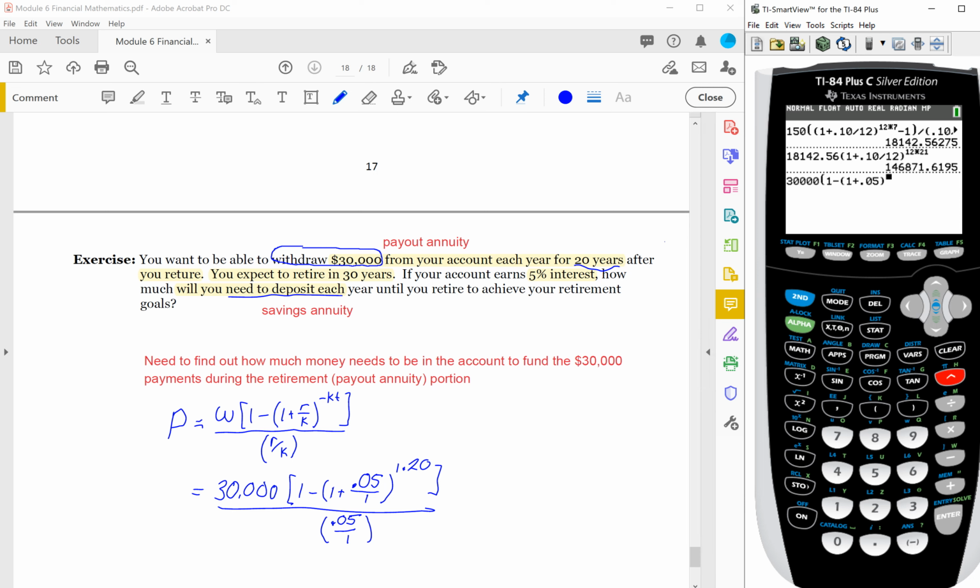Parenthesis, exponent, 1 times 20, that's just 20. Arrow over to get out of the exponent. A parenthesis to close this bracket that was here at the end. Divide by 0.05. Again, 0.05 divided by 1 is just 0.05, so I'm just writing the 0.05.